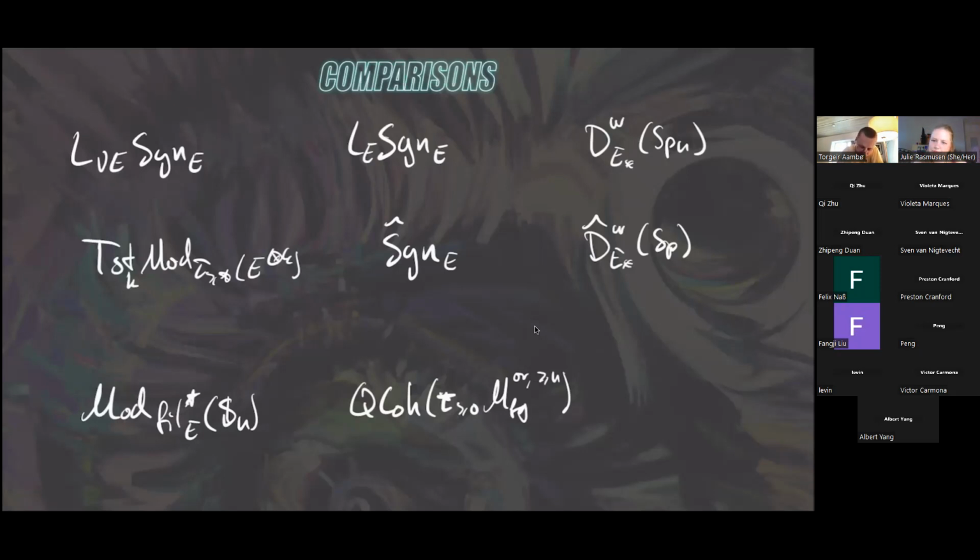So I've already said that these guys are equivalent. In Irakli and Piotr's paper that I mentioned before, they prove that these guys are equivalent. And in Piotr's original paper on synthetic spectra, he proves that these guys are equivalent.